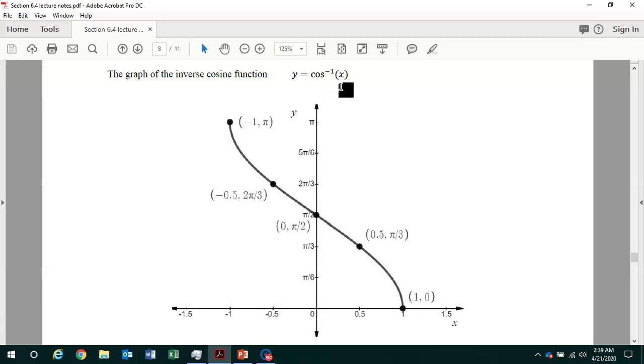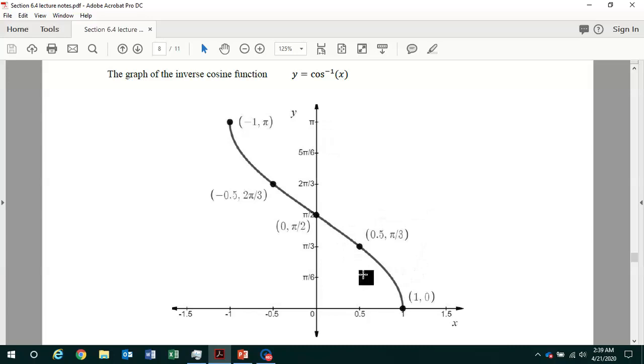So x is the number you put into the inverse cosine function, and y is the angle that comes out. The domain of the inverse cosine function goes from -1 to 1. Those are the numbers you can put in for x. And then the angles that come out, y, go from 0 to pi radians, or 0 degrees to 180 degrees.